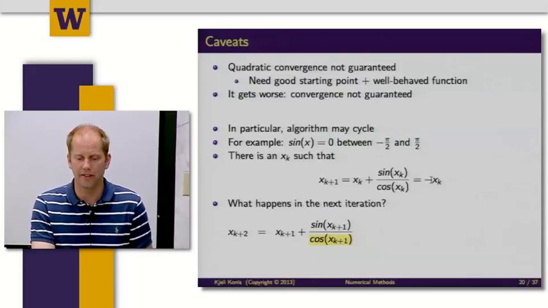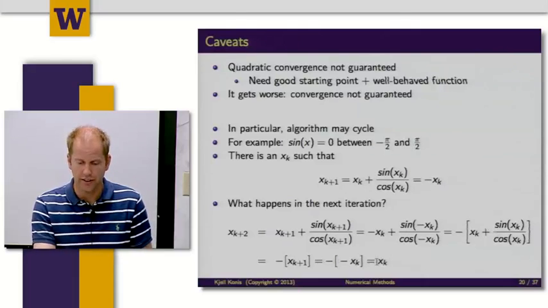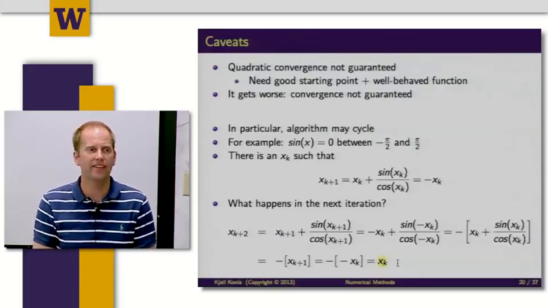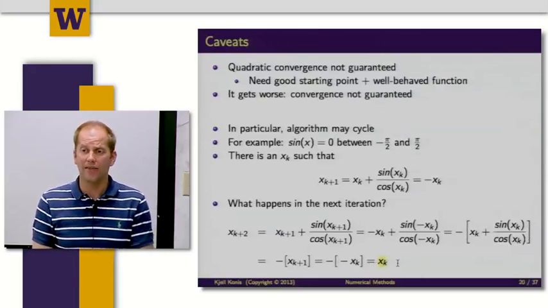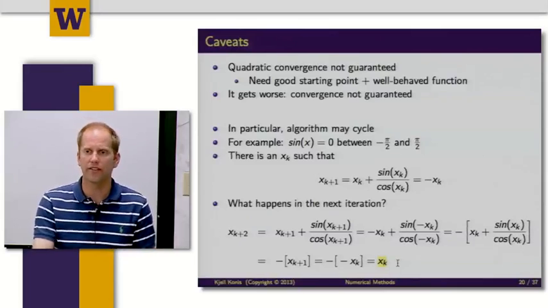So cosine of minus x is equal to cosine of x. And so that's going to mean that I'm going to step back to exactly the point where I started from. So if I ever happen to hit this number, I'm now just going to be going back and forth between those two numbers for the rest of the algorithm.